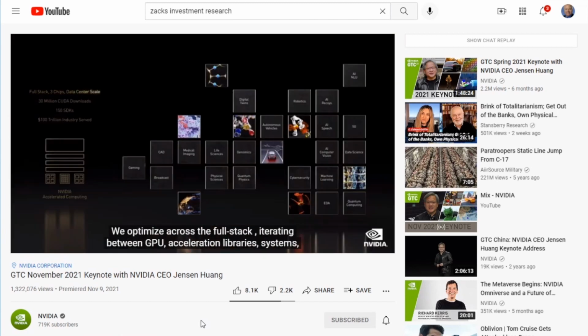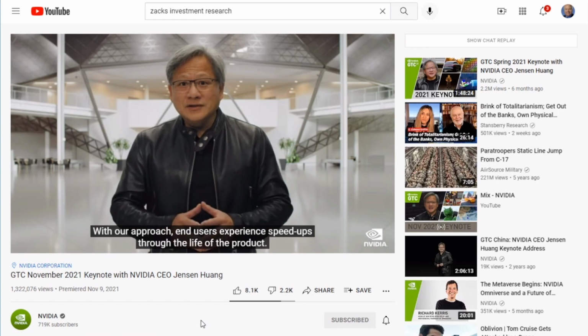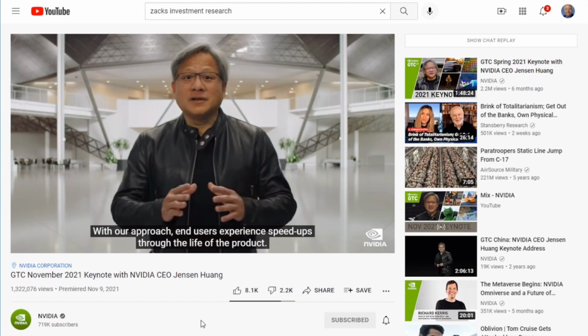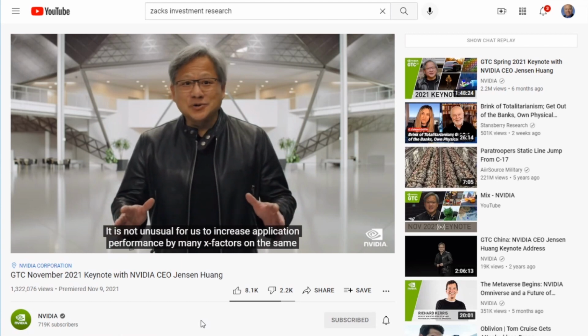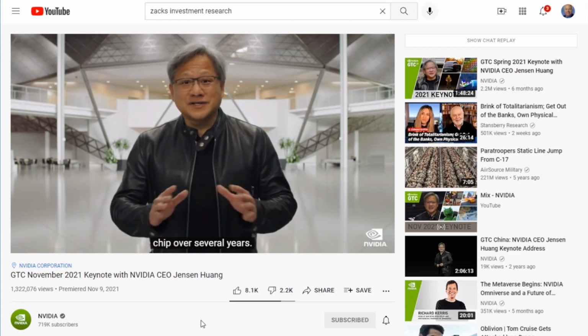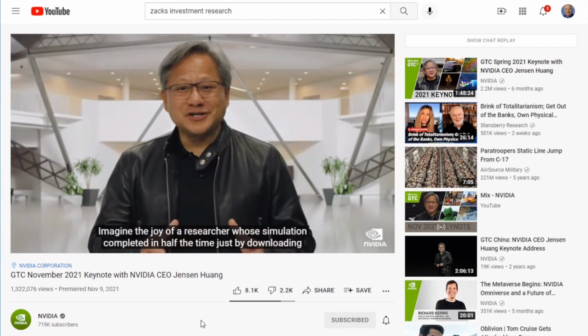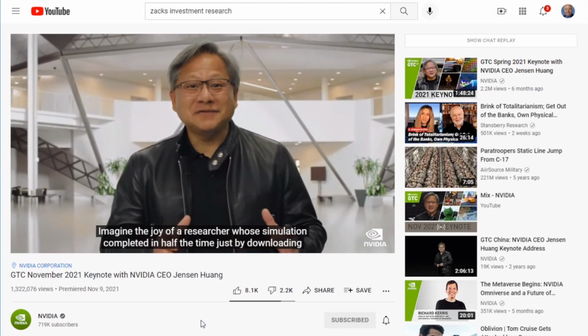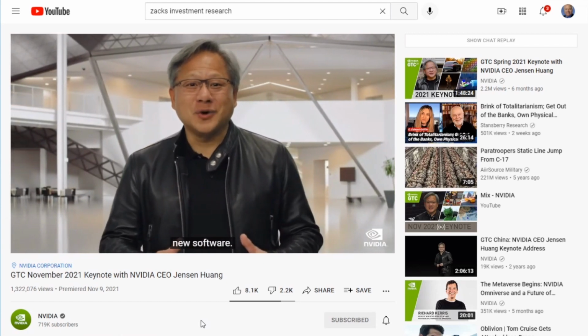We optimize across the full stack, iterating between GPU, acceleration libraries, systems, applications, continuously. All the while expanding the reach of our platform by adding new application domains that we accelerate. With our approach, end users experience speedups through the life of the product. It is not unusual for us to increase application performance by many X factors on the same chip over several years. Imagine the joy of a researcher whose simulation completed in half the time just by downloading new software.